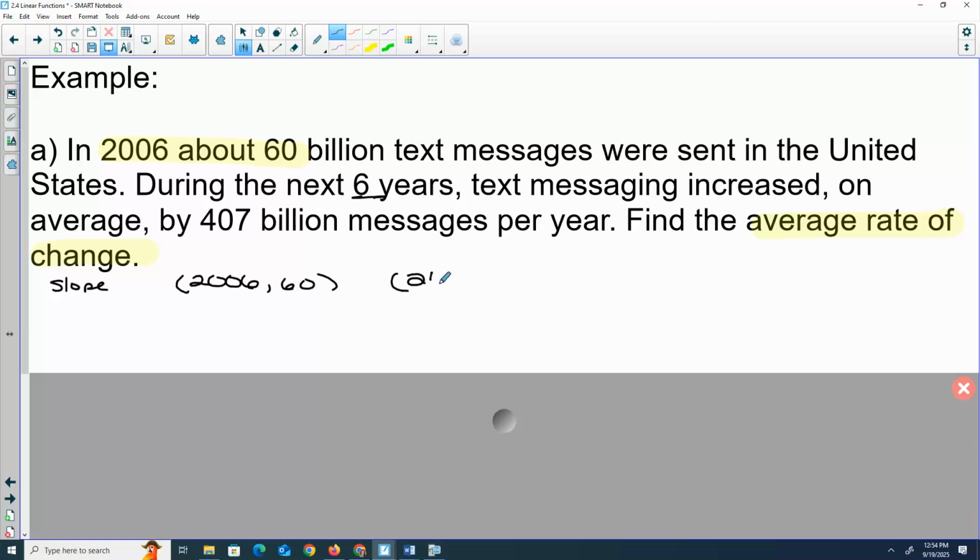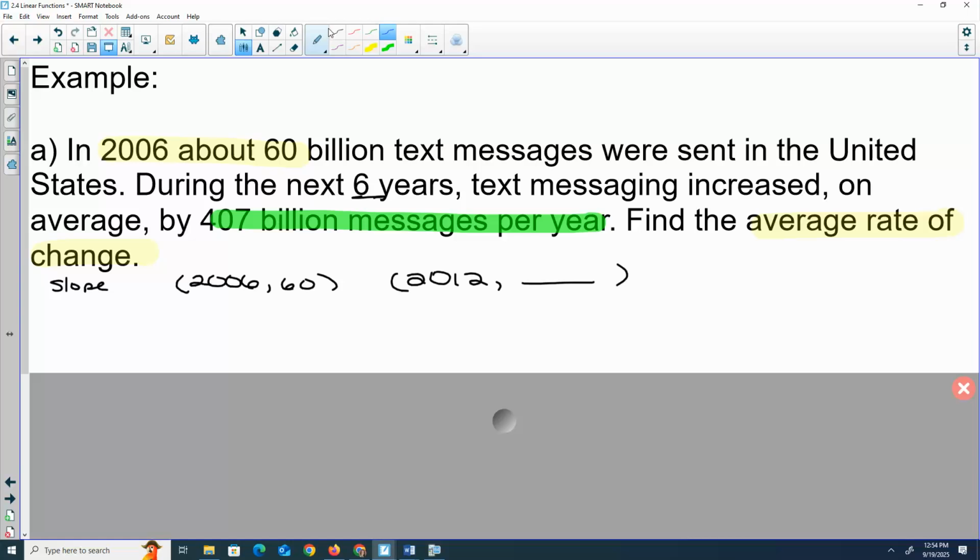During the next 12 years, so that would take us to 2012. Oh, do we even need that though? Because did I tell you how many messages we had in 2012? No, what did I give you? Look at that. If I give you the messages per year, did I give you the slope already? I did. Just wanted to see if you could catch it in the problem.